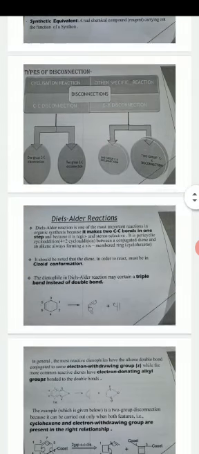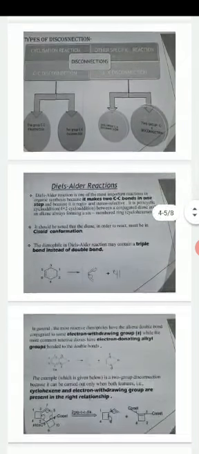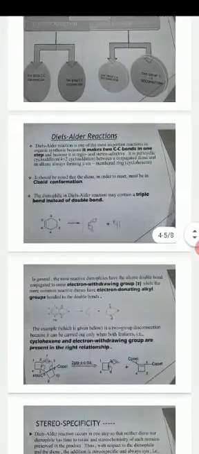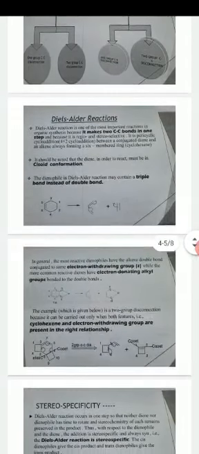It is a pericyclic 4+2 cycloaddition between a conjugated diene and an alkene, always forming a six-membered ring, which is cyclohexene. The dienophile in the Diels-Alder reaction may contain a triple bond instead of a double bond.